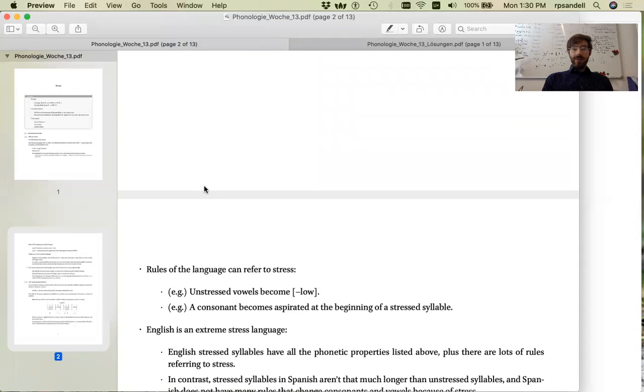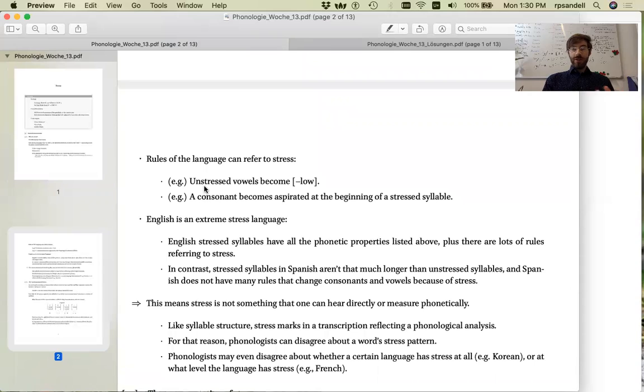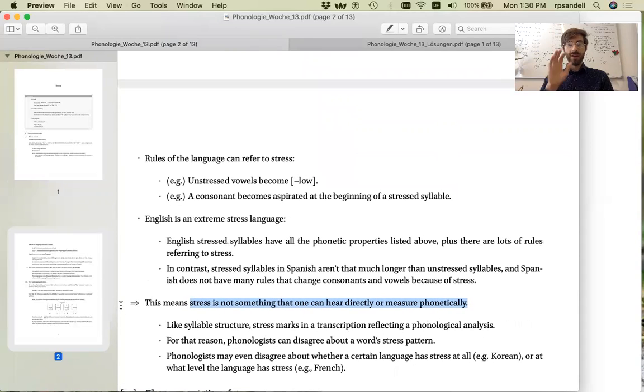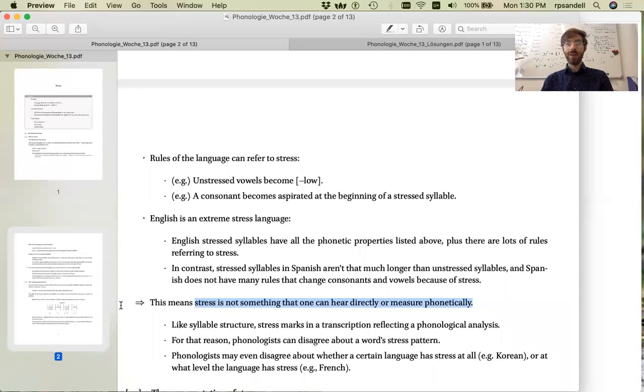So because stress, if we want to think of it as an abstract phonological property, doesn't always seem to cause the exact same acoustic correlates to result in all languages, it's not something that we can directly hear or measure phonetically. As I said, it's not going to be possible to always point to some feature on the spectrogram and say, yes, there's the stress in this language.